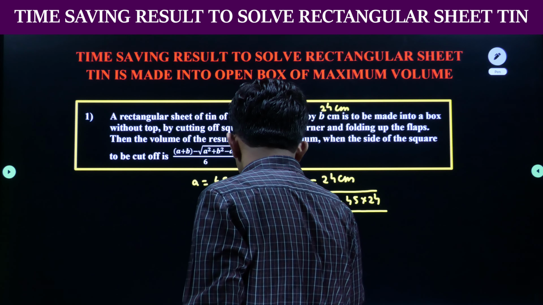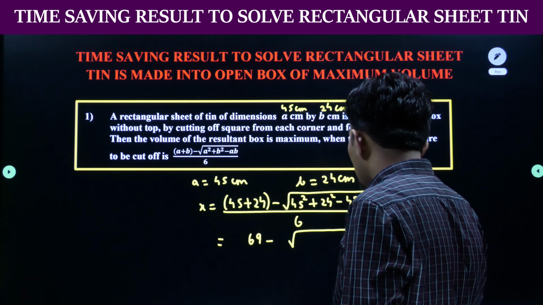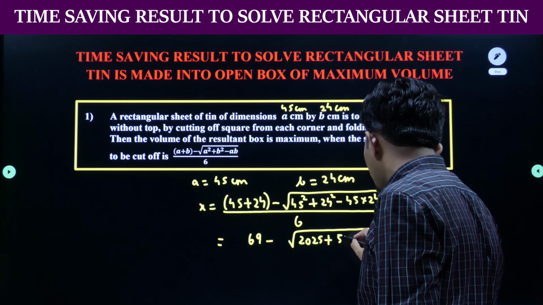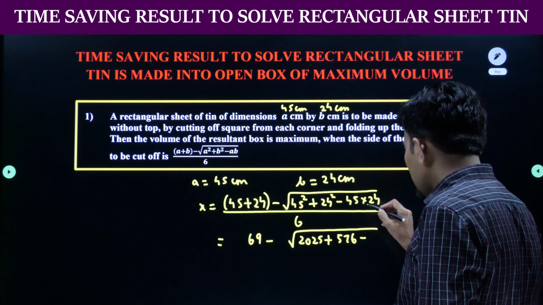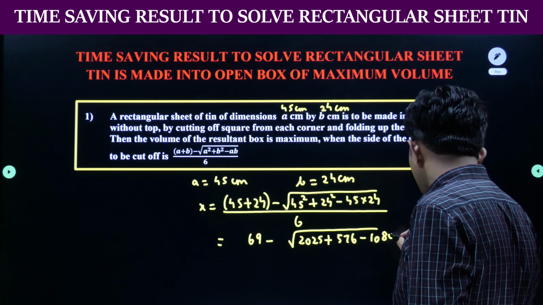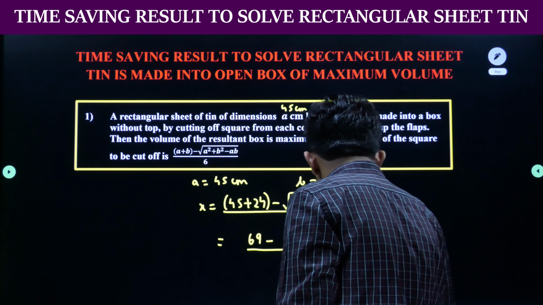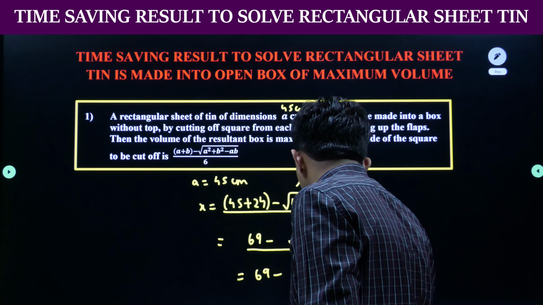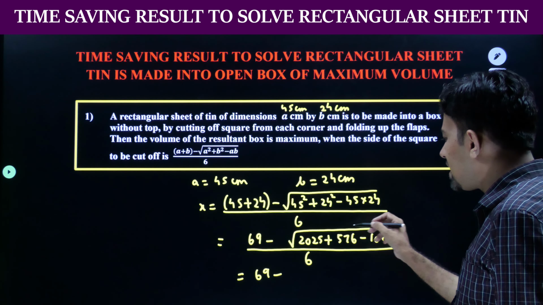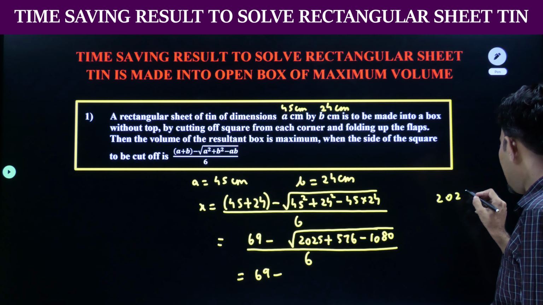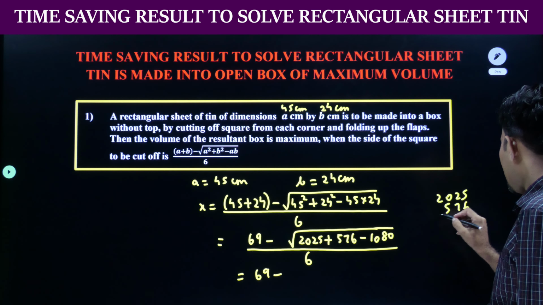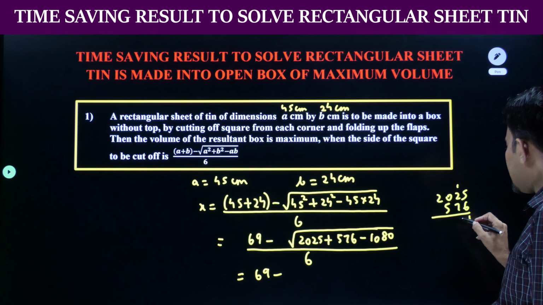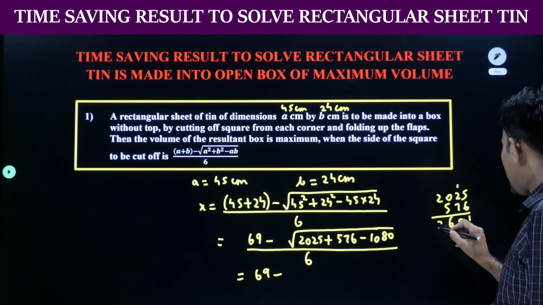45 plus 24 is 69, correct? Root of 45 square is 2025, 24 square is 576, 45 into 24 is 1080, correct? Divided by 6. That's equal to 69 minus, if you add 2025 plus 576, that is 2601.